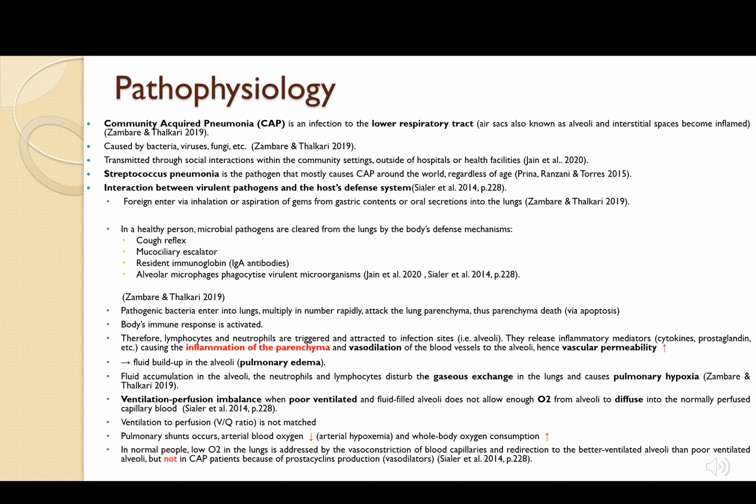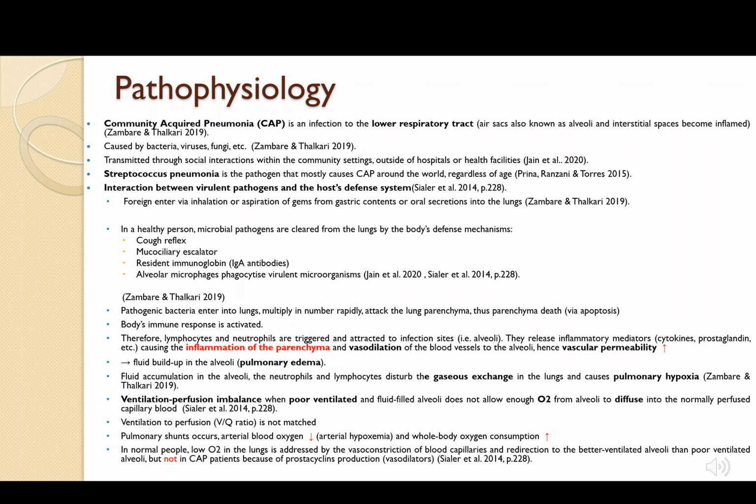The pathophysiology involves the interaction between the virulent factors of pathogens and the host defense system. Firstly, the foreign bacteria or viruses will enter into the lungs via inhalation or aspiration of germs from gastric contents or oral secretions from the mouth or stomach into the lungs.